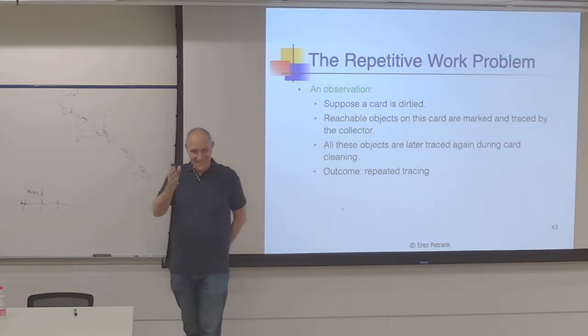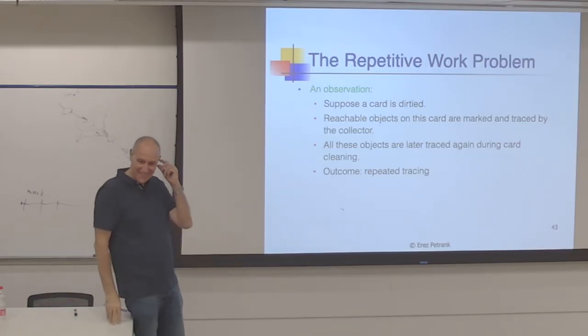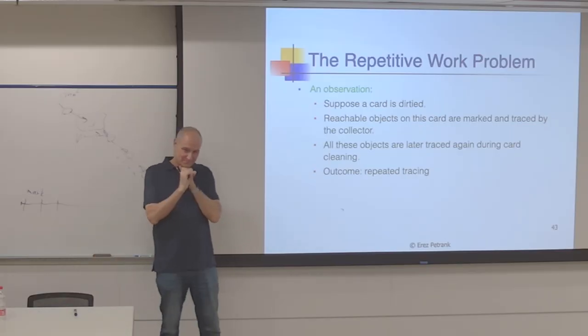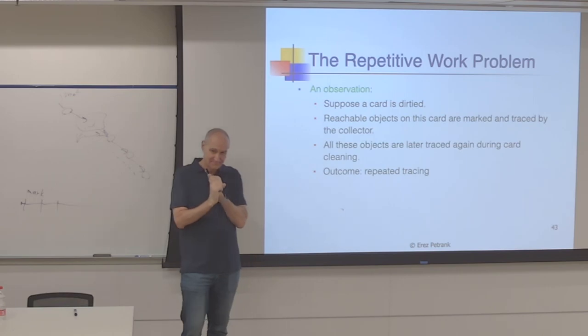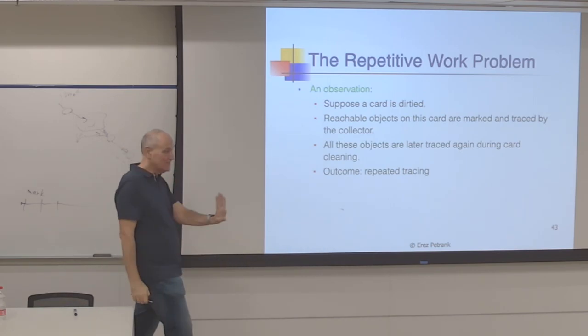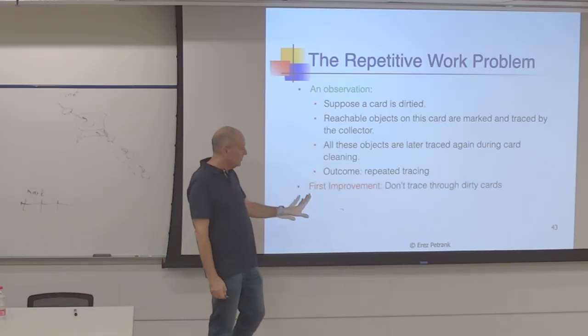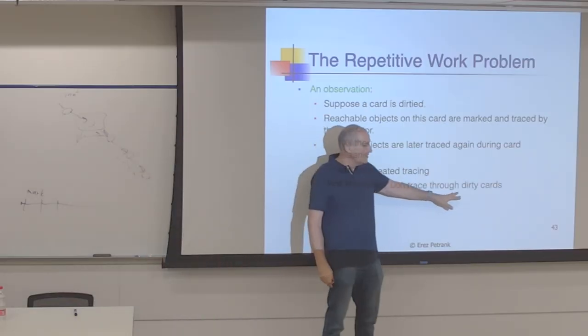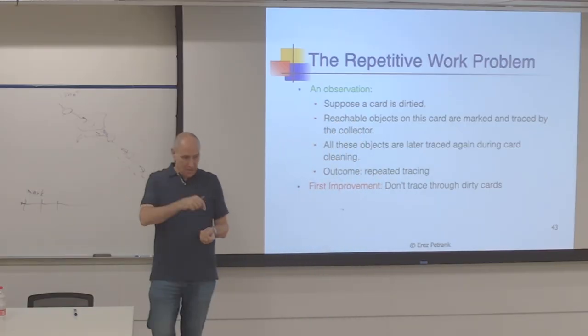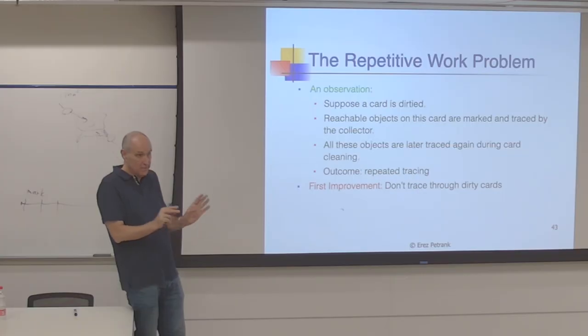Yes, that's exactly what we want. But how? Okay, cool. Yeah, that's the simple idea. So what I'm going to do, I'm not going to trace through dirty cards. I arrive at a dirty card. I mark the object as reachable, but I don't trace.